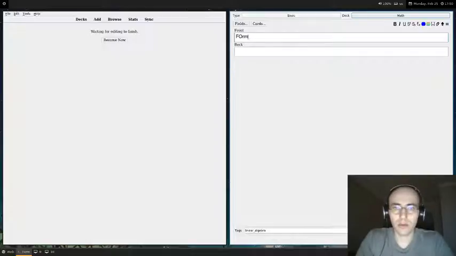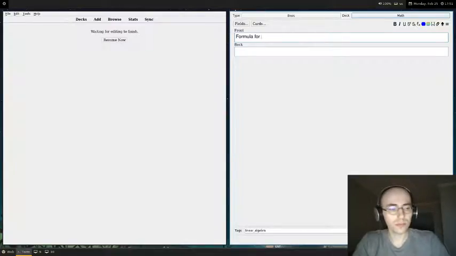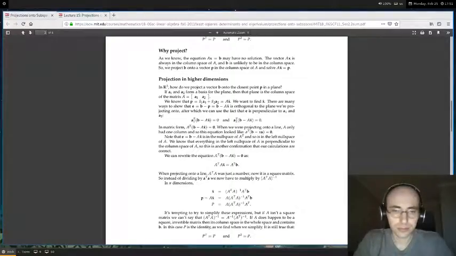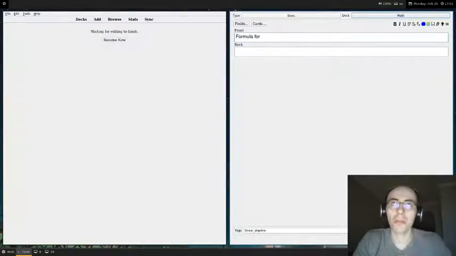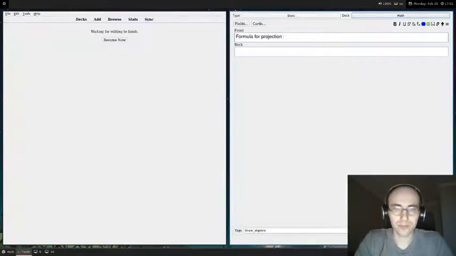And then exactly the formula. Projection matrix in higher dimensions.